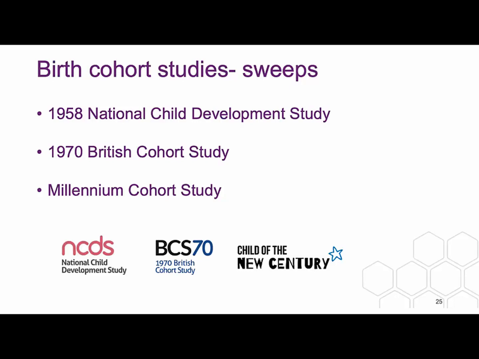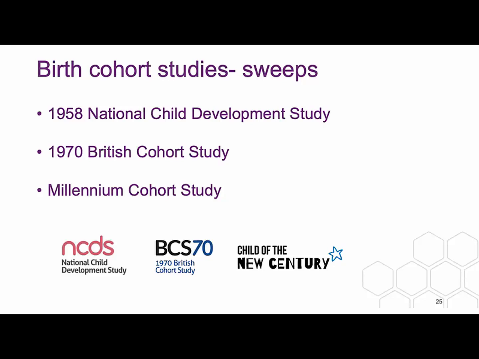We then have the Millennium Cohort Survey study, and this is also known as the Child of the New Century to the cohort members and their families. And this is following the lives of about 19,000 young people born across England, Scotland, Wales and Northern Ireland in 2002.